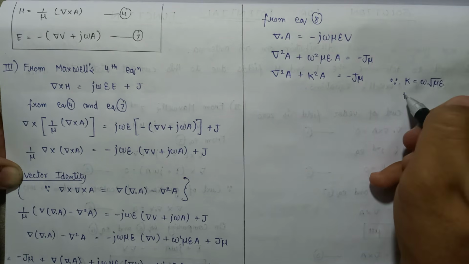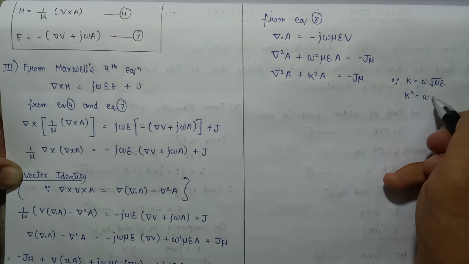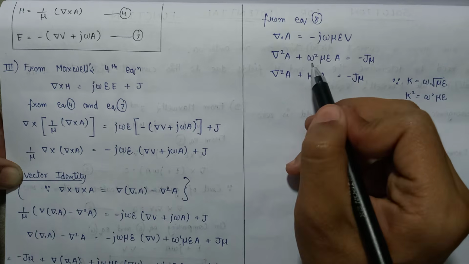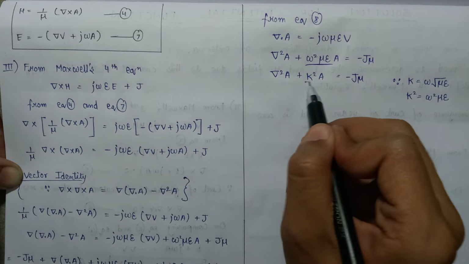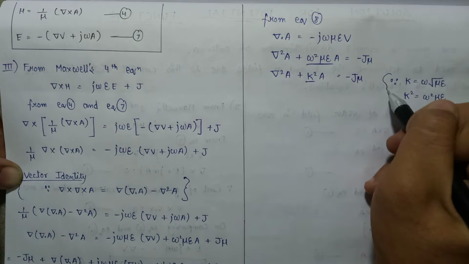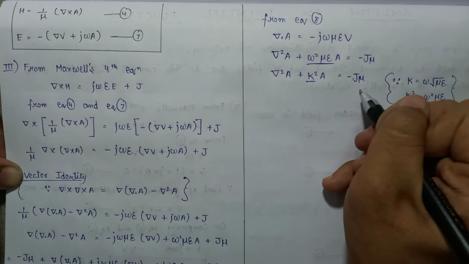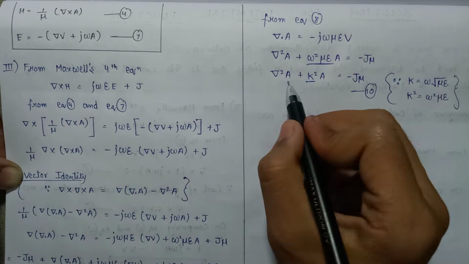So the value of k square will be equals to omega square mu epsilon. That's why in place of this omega square mu epsilon, we write k square. Okay, so let me give it as equation number 10. So this is our equation number 10.